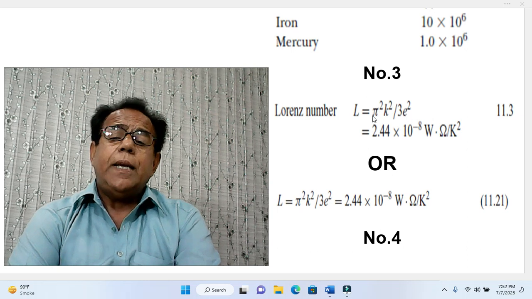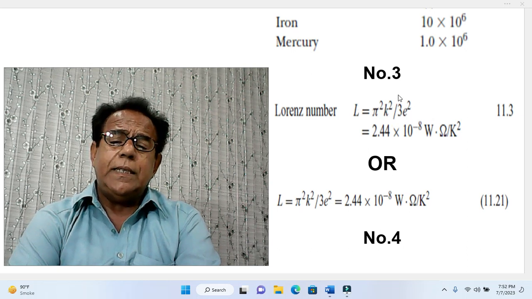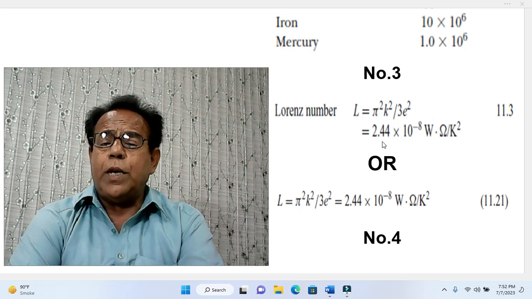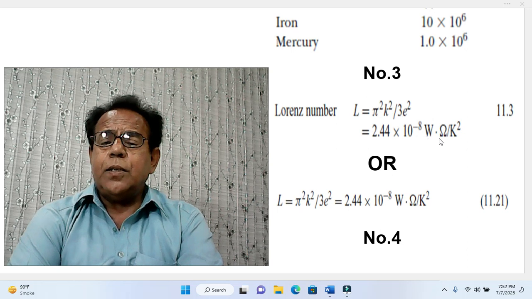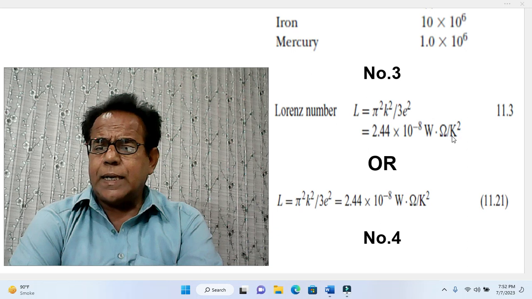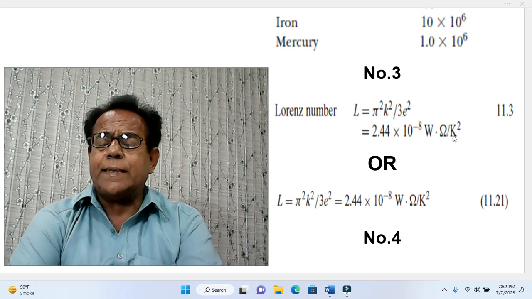Hence when we simplify this expression, we get the Lorenz number as equal to 2.44 into 10 to power minus 8 watt ohm over Kelvin square.